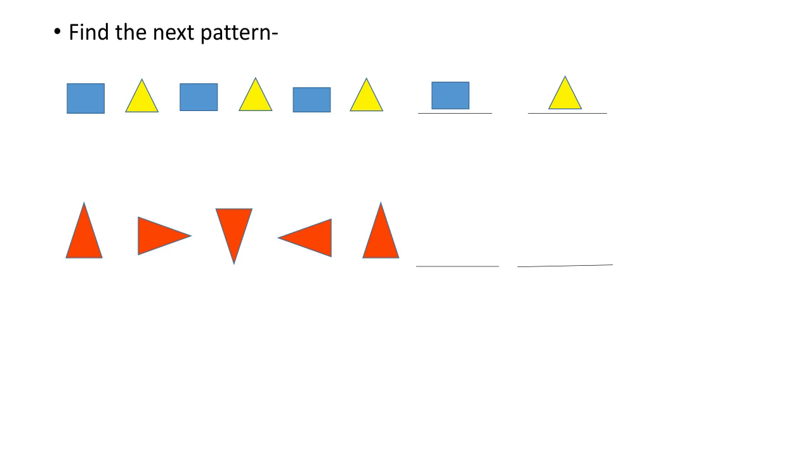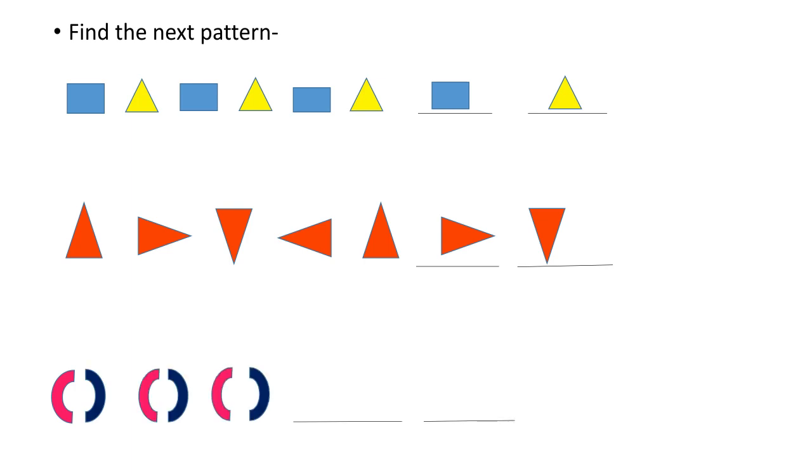Then again the triangle is pointing towards the north. Now what will come in the first and the second blank? So after north, the triangle which is pointing towards the east. According to this sequence of pattern, the triangle pointing towards the east will come in the first blank, and in the second blank the triangle pointing towards the south will come. So here we complete the second pattern.